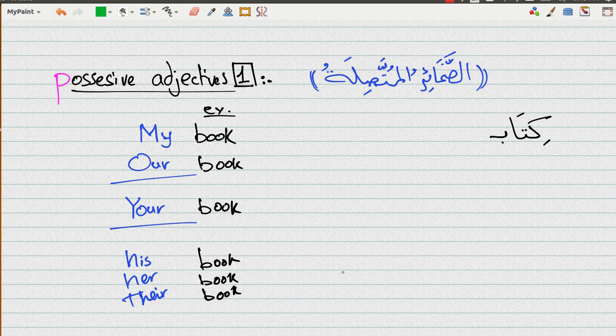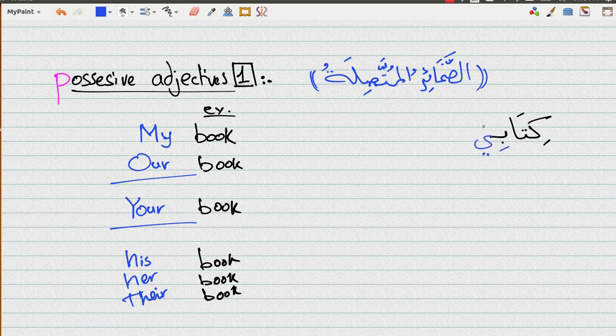So if I want to say my book, I have to find the adjective in Arabic that refers to me, I, or أنا, which is in the form of an attached adjective or ضمير متصل. الضمائر المتصلة. Okay, ضمير متصل means an attached pronoun. Anyway, so if I want to say my book, I say كتابية.